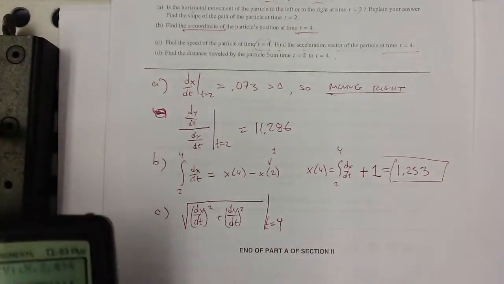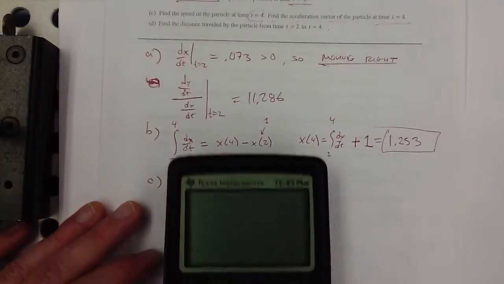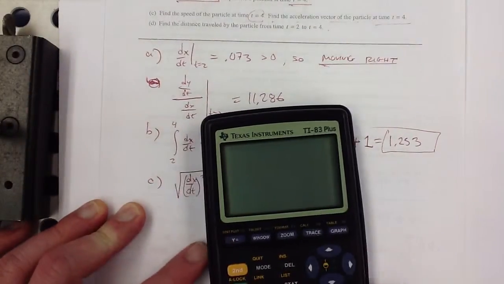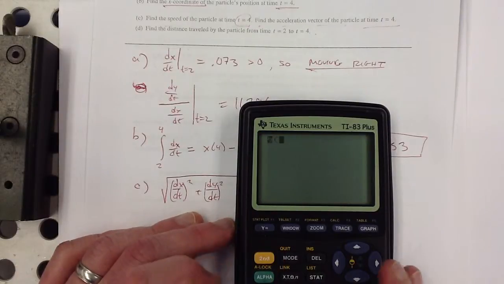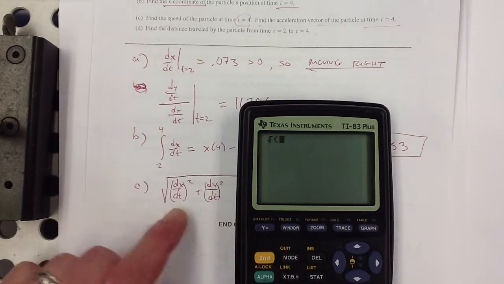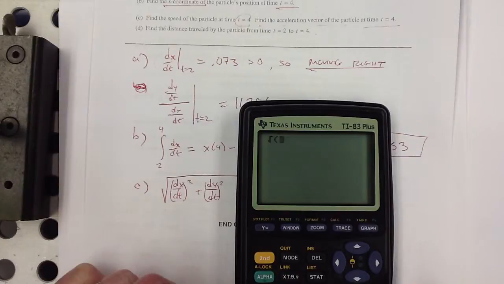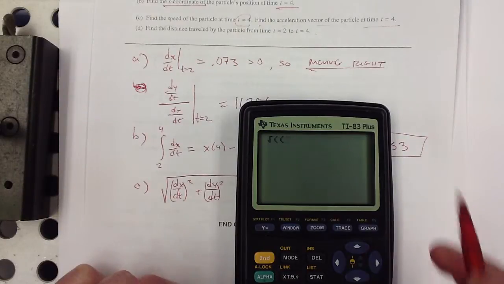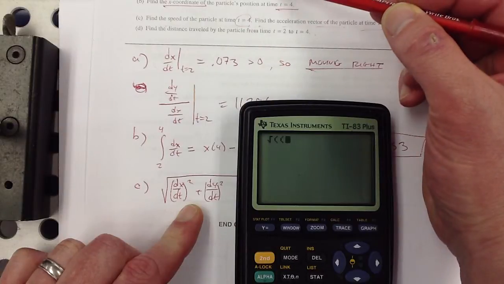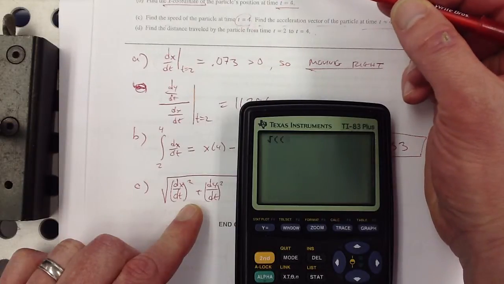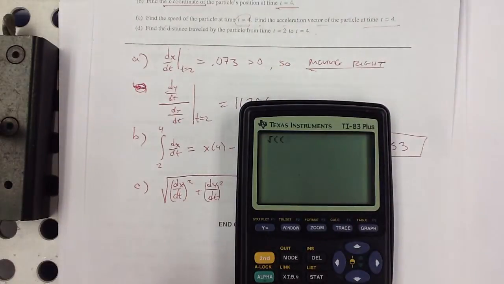I guess this is certainly a chance to make some mistakes. So let's try to get the whole thing in. We'll do the square root of, that's my big set of parentheses. And then in another set of parentheses, when I plug 4 into this, that's going to give me the square root of 6 over e to the 6.